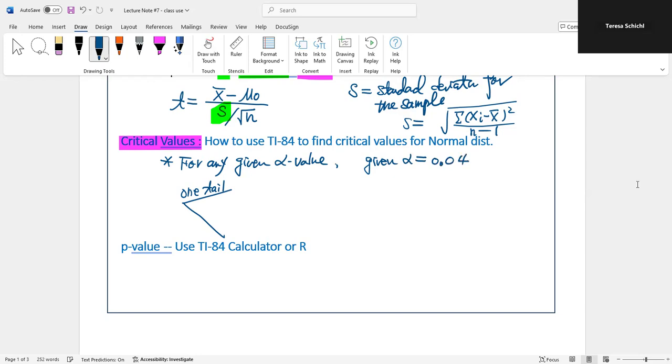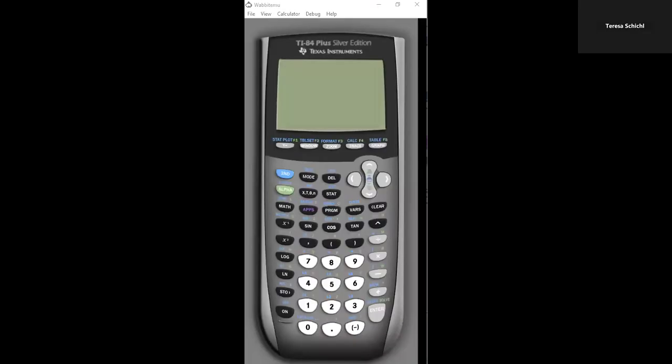From the previous, I never gave you 0.04, right? So now let's go to the TI-84 calculator to see how I get the critical value. Here's my TI calculator.